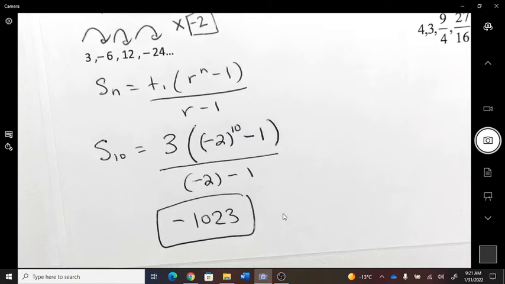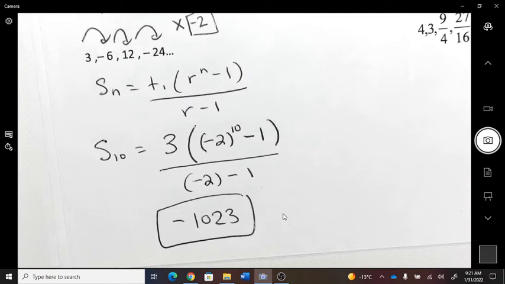Got it? You got it? Didn't come out? No, it came out. It came out? Okay. You get it? No? You're typing here? Okay, you already need another bracket. So 3 bracket, and then a bracket, negative 2, bracket to the 10, minus 1, and then another bracket.